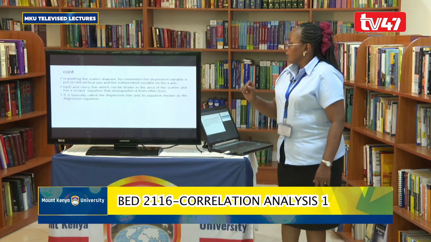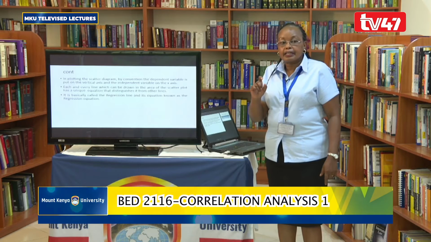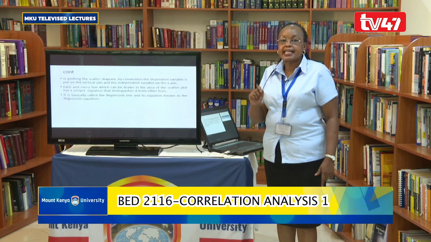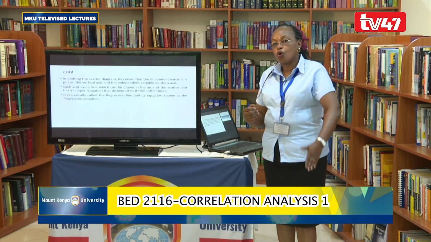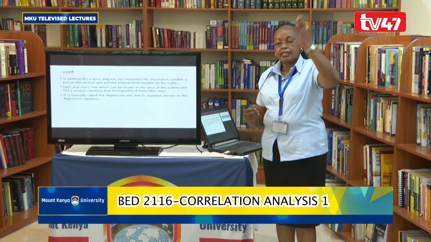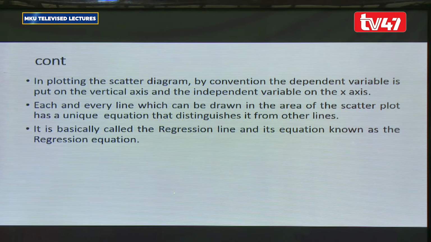And therefore, by convention, when you are plotting, all those quantities that represent the outcome variable go on the vertical axis. The ones that represent the independent variable, the one that is affecting, always go on the horizontal.